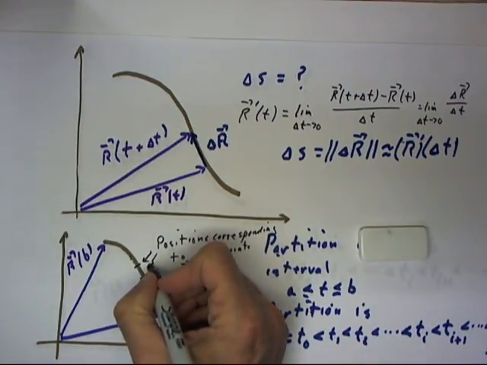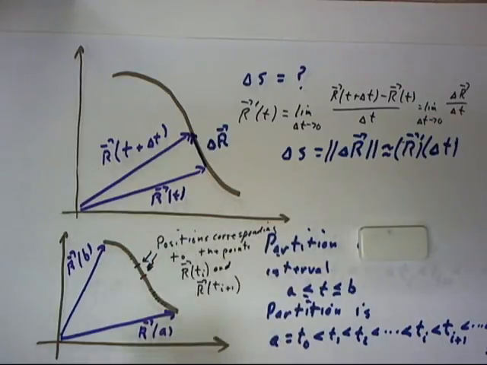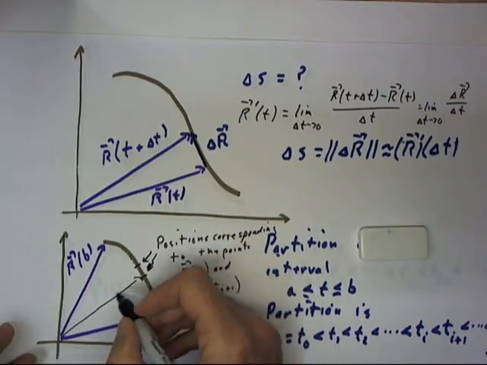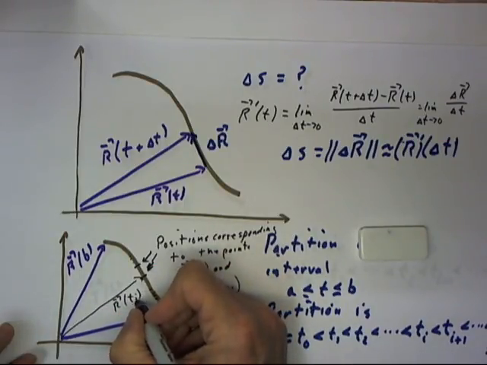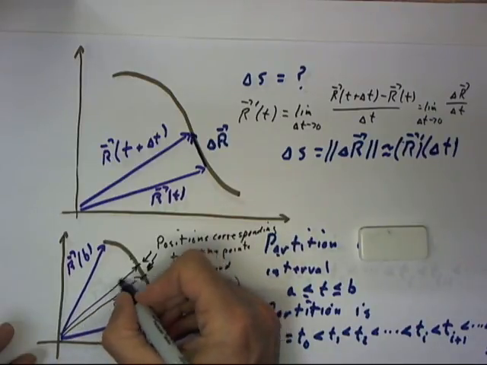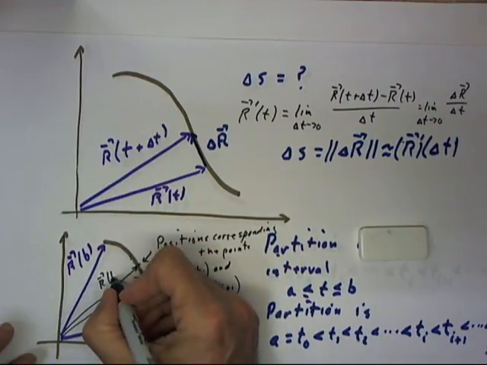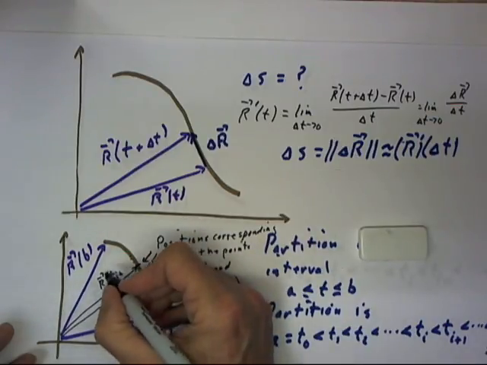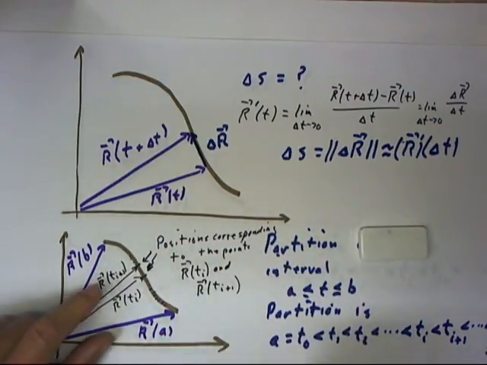So these 2 positions will correspond to the vectors r of t sub I and r of t sub I plus 1.